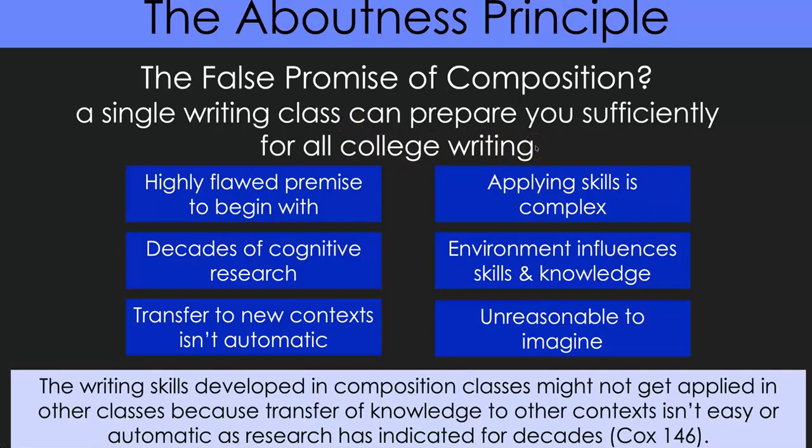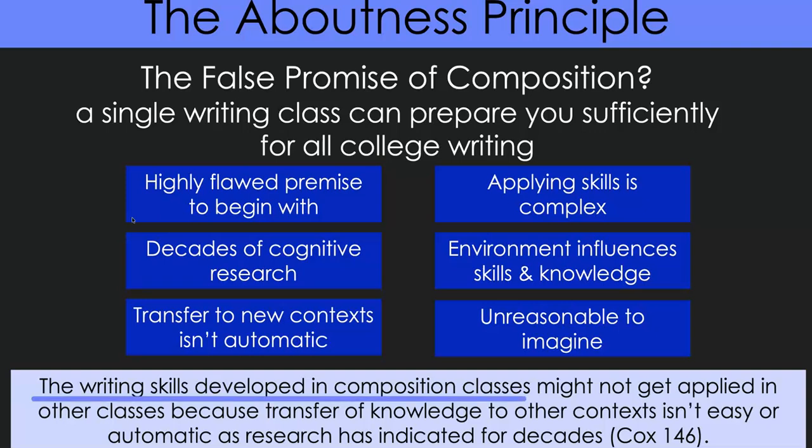And so if we wanted to summarize that entire paragraph, we might say: the writing skills developed in composition classes might not get applied in other classes because transfer of knowledge to other contexts isn't easy or automatic, as research has indicated for decades. So you can see here that I've been able to turn that entire 6-sentence paragraph into one sentence. And the aboutness principle is basically how I do that.